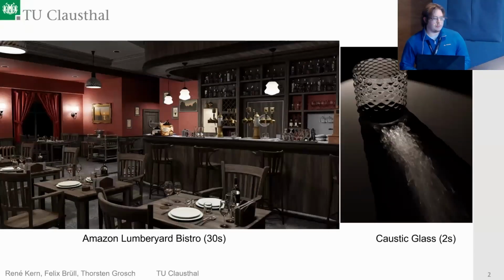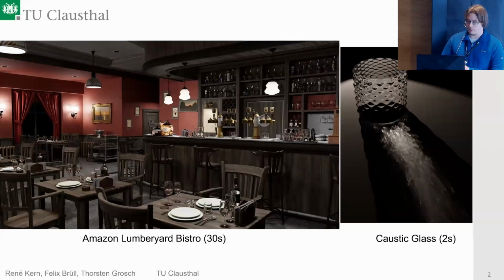So photon mapping, as many of you know, is a global illumination algorithm, which especially excels at rendering caustics, which you can see in the glass at the bottom. Caustics are refracted or reflected bundles of light, often by highly specular materials.